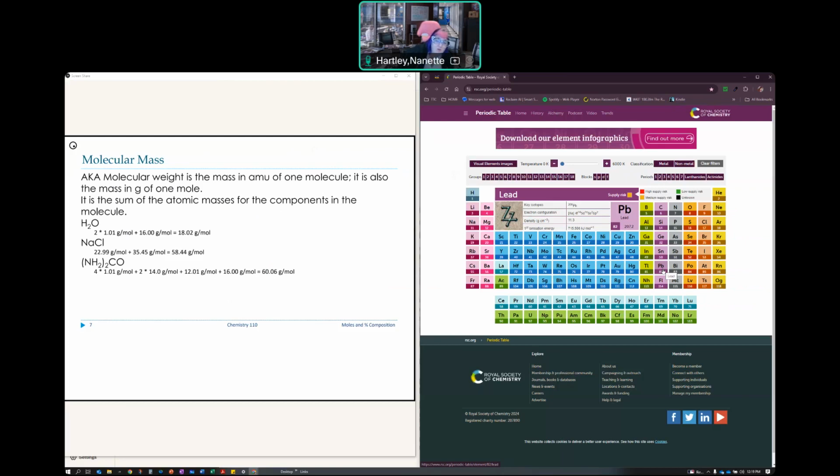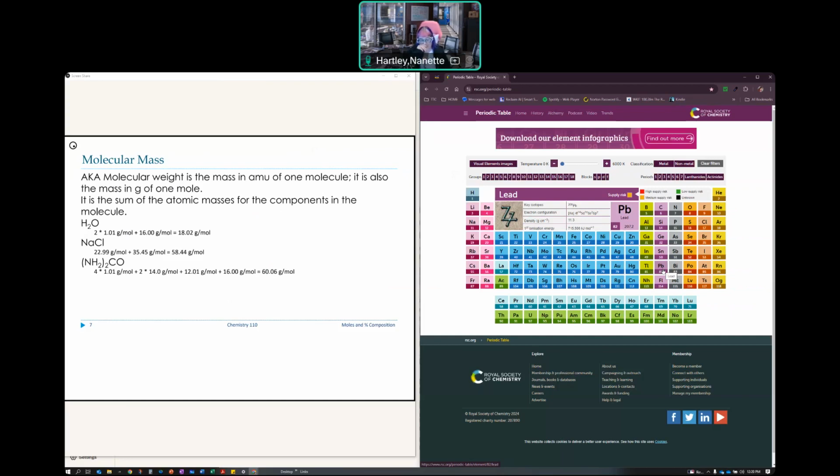So the numbers that we look at on our periodic table, so for lead, it's 207.2 AMU for 1 molecule, or it's 207.2 grams per mole. It's the sum of the atomic masses for the components in the molecule. So if we're not talking about an atom, then it's going to be everything within that molecule. So if I wanted to talk about H2O, we'd be looking at the mass for 2 hydrogens and 1 oxygen.